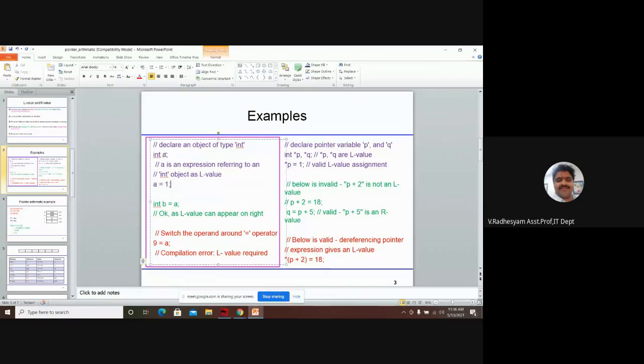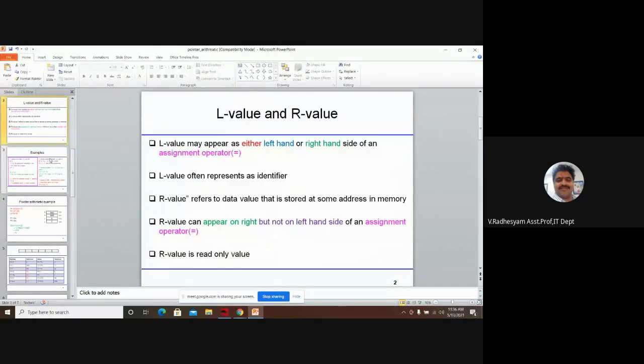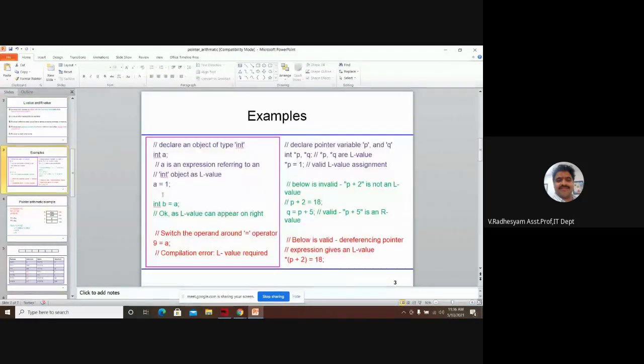Here a is an identifier. An identifier is nothing but something that can appear on the left side or right side. So a we have placed on the left side and initialized with 1. Here 1 is the R value.